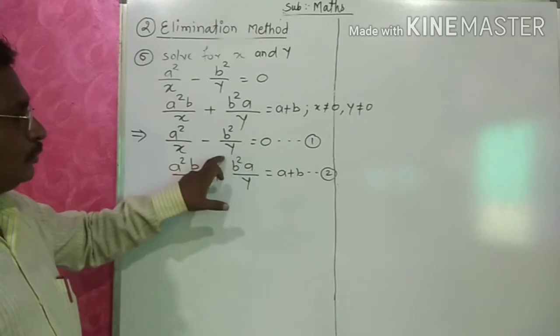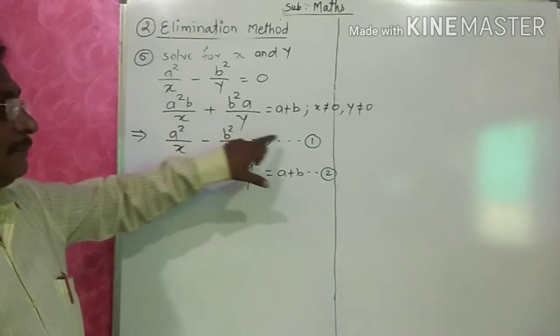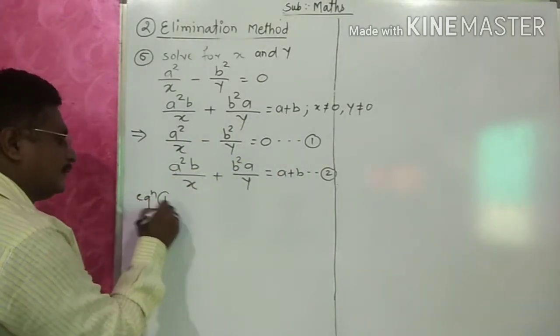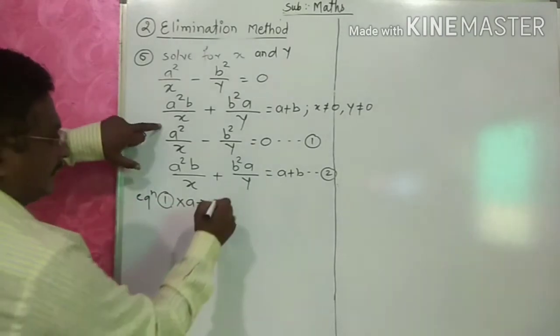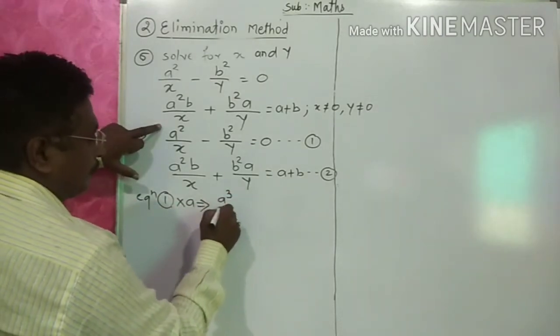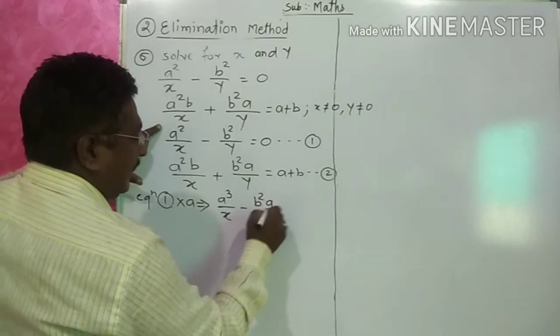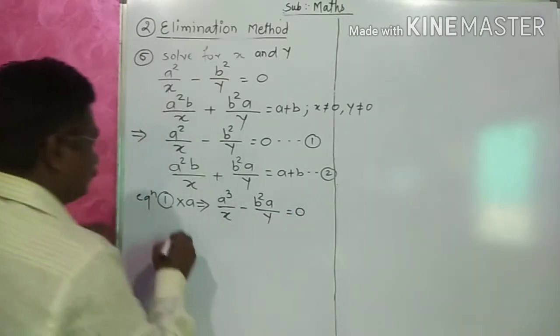To make them equal, multiply equation 1 by a. What we get: a cube by x minus b square a by y equals 0.